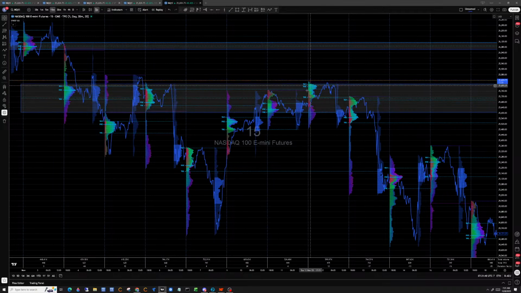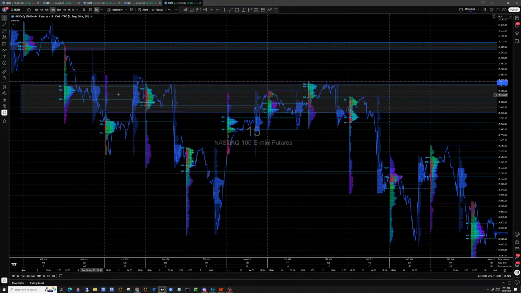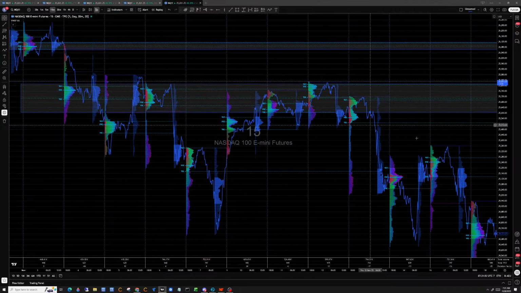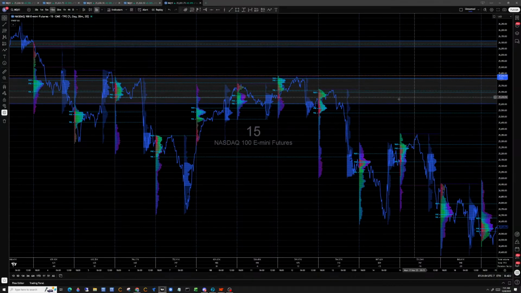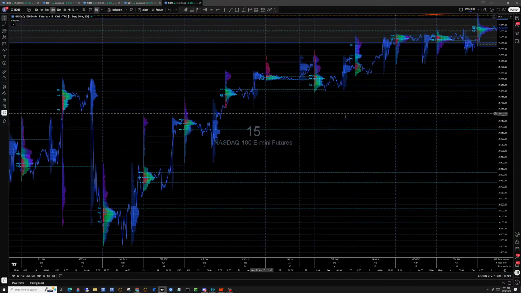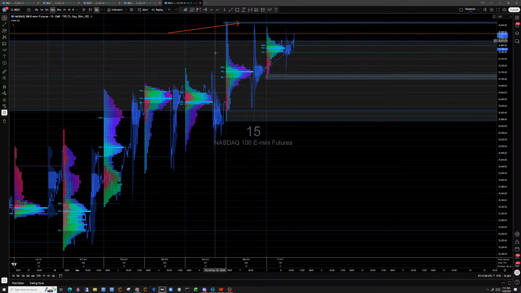These are all overlapping each other. Price stays in this area whenever it gets there. Here it stayed for a little while, here for 1, 2, 3, 4 days. And we're in that zone right now.